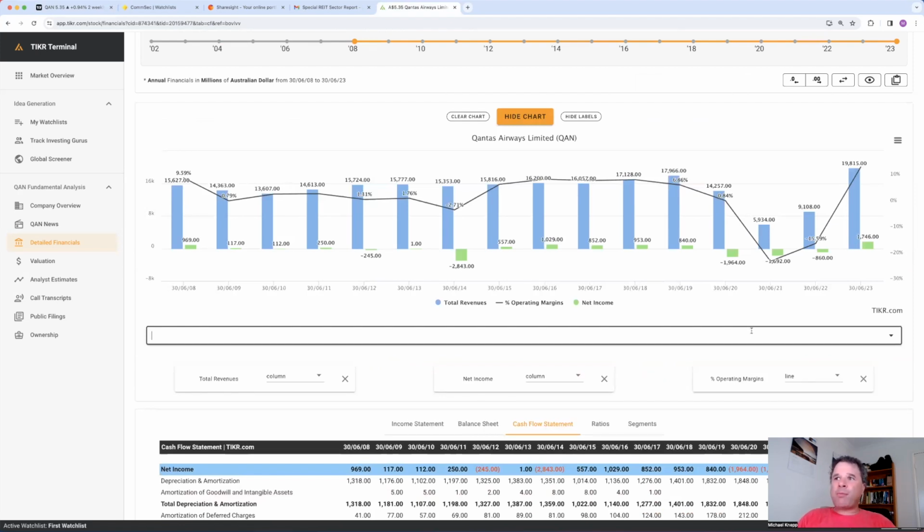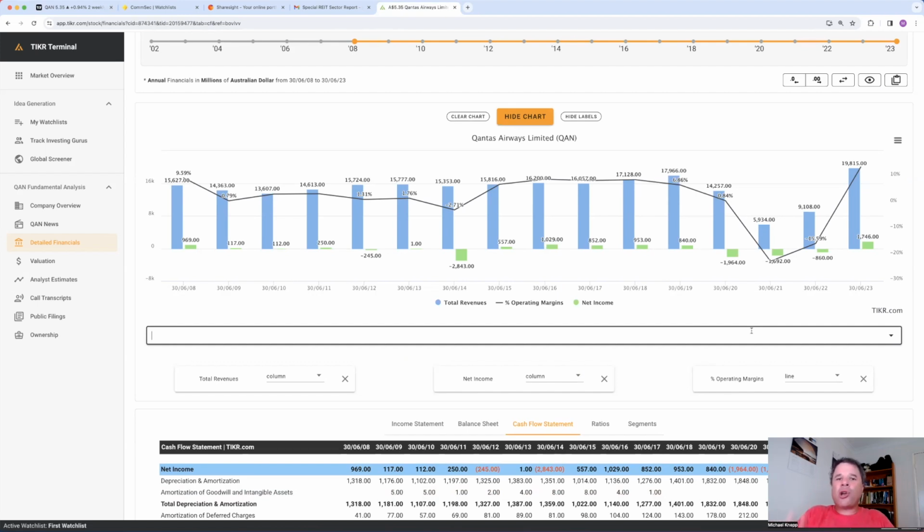I would not be surprised to see Qantas profit fall by 50% in financial year 24 as margins pull back, possibly even revenue decreases. I would not be surprised to see the profit of Qantas fall below $1 billion. In fact, if you look at the past 15 years, only once has this company seen a profit go above $1 billion, and that was in 2016. It was only slightly above $1 billion.